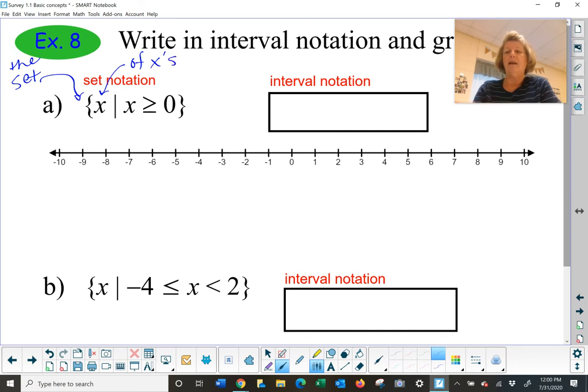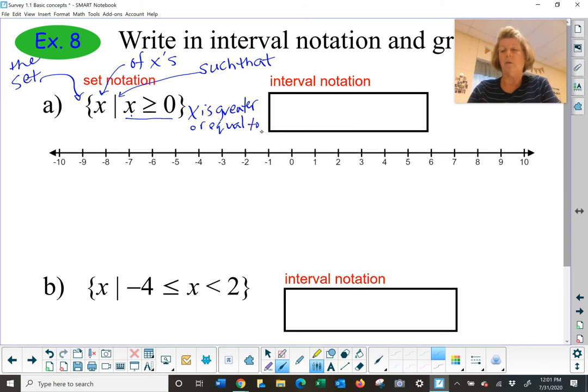The bar in math actually takes on the words "such that." I told you it's kind of tricky. So far we have braces, the set of x's such that x is greater than or equal to, I'm writing out everything I'm saying, x is greater than or equal to 0.